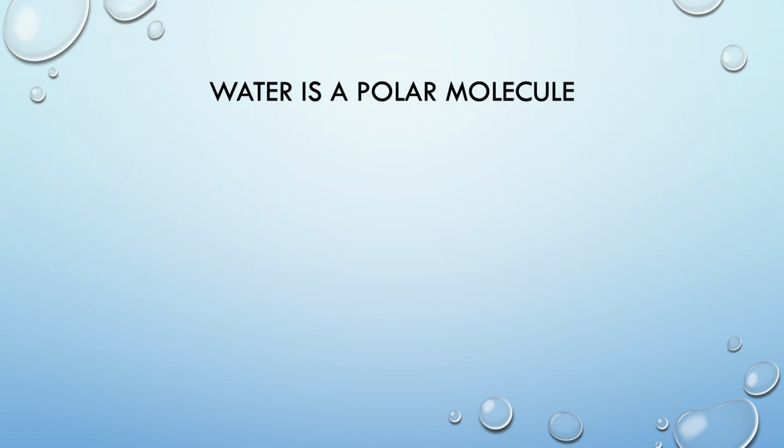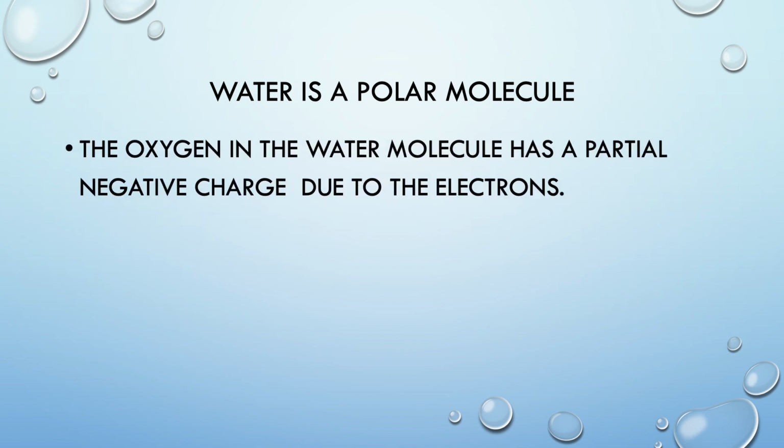Water is known as a polar molecule. When you look at a water molecule, the oxygen has a partial negative charge due to the electrons. Let me draw you a little water molecule. You know that water is known as H2O, meaning there are two atoms of hydrogen, and since there's no number on the oxygen, there's only one atom of oxygen.